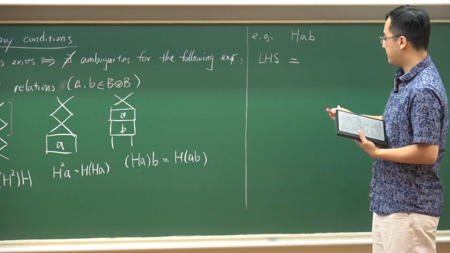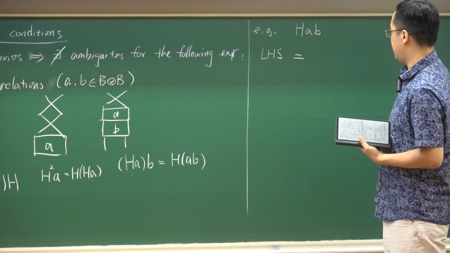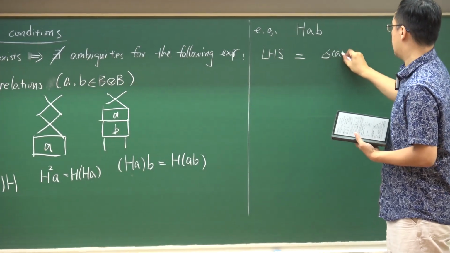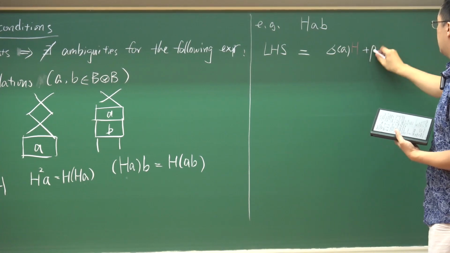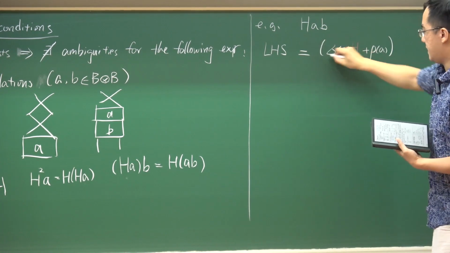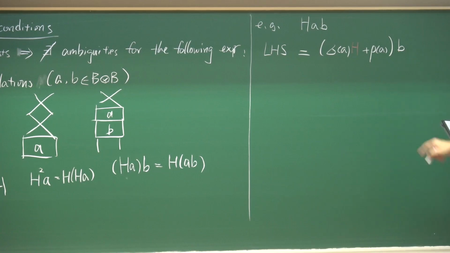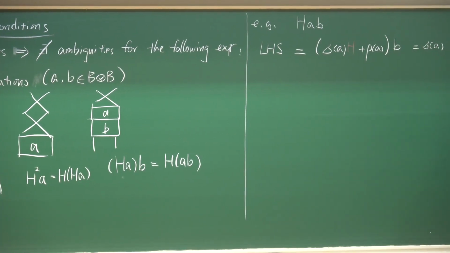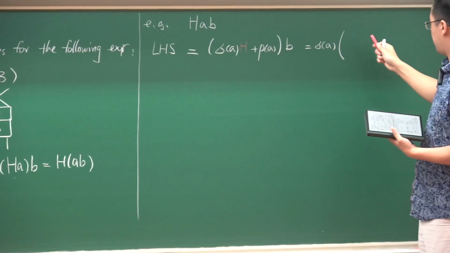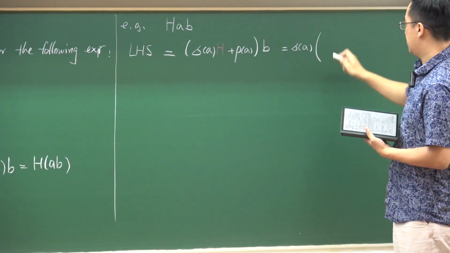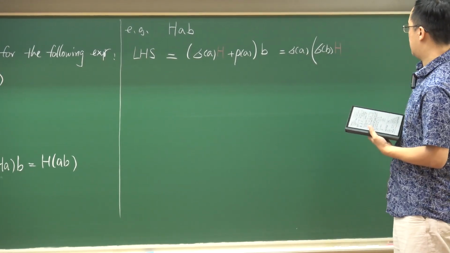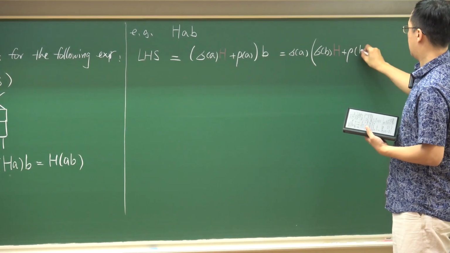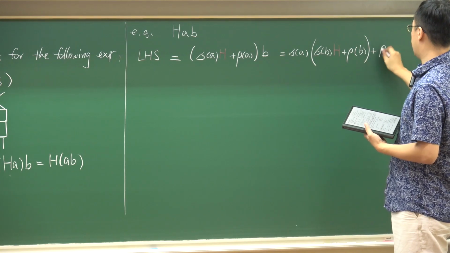So in the parentheses, you get sigma A H plus rho A, and then multiply by B. And now you get HB again. You can apply the same Wreath relation, but for B, plus rho AB.